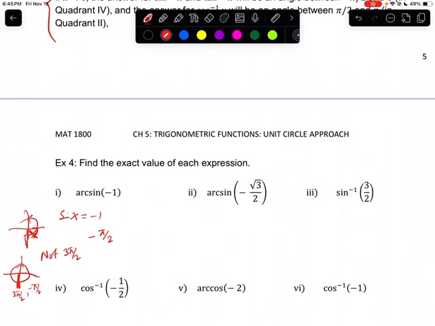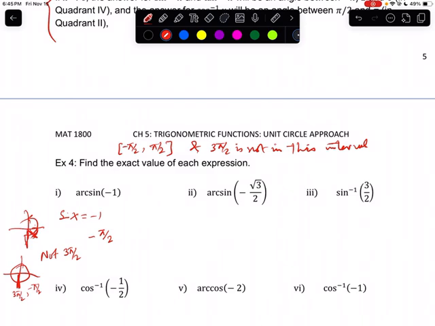But in the case of an inverse function, because we said we are going to be in this interval, and 3 pi over 2 is not in there, you will not read it as 3 pi over 2. You will read it as negative pi over 2.